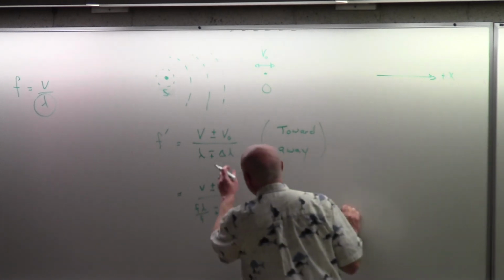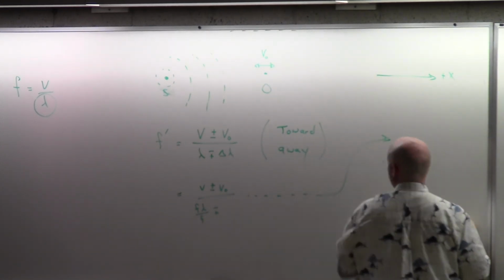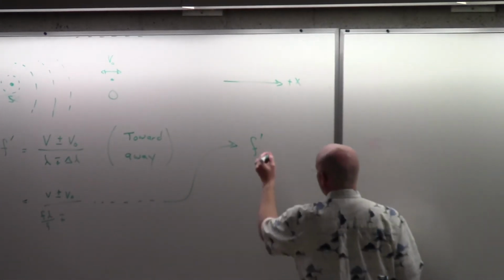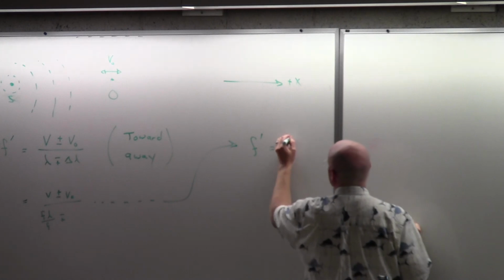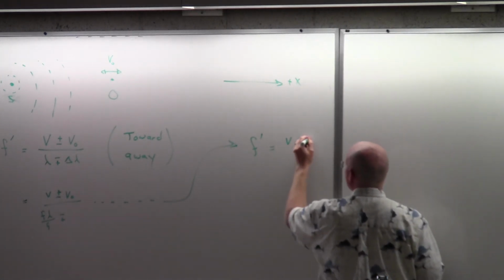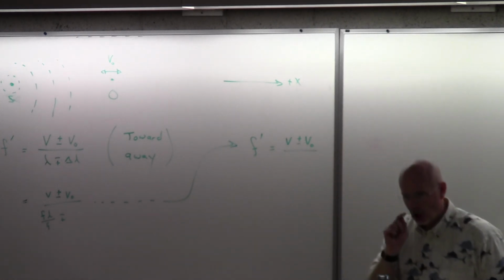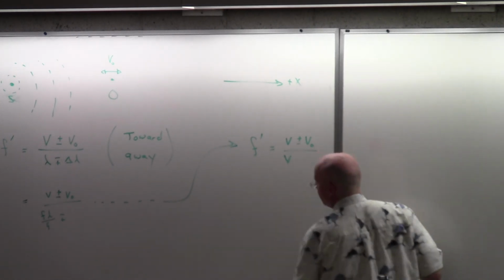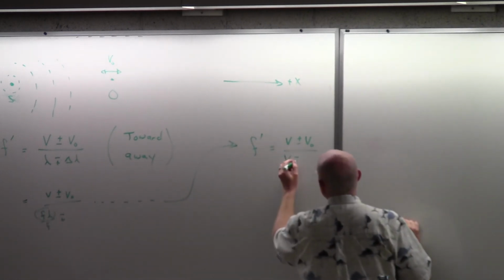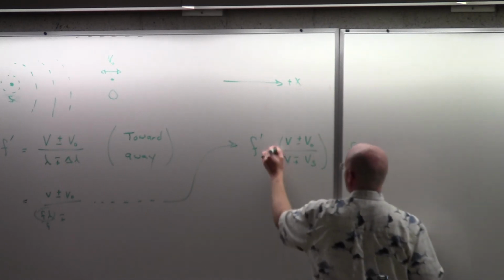But it's over here that I better just skip and get to the answer. So the final equation here is V of the wave, plus or minus, plus towards, minus away, the observer, over V, that's what this is going to come out to be, minus plus the source, times the frequency.